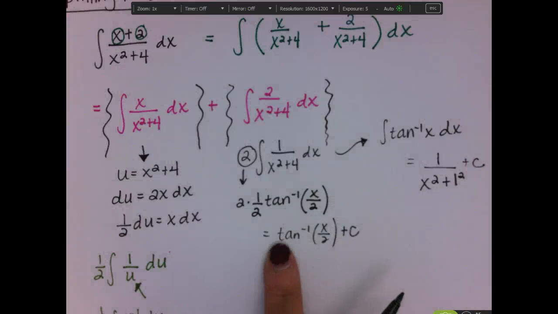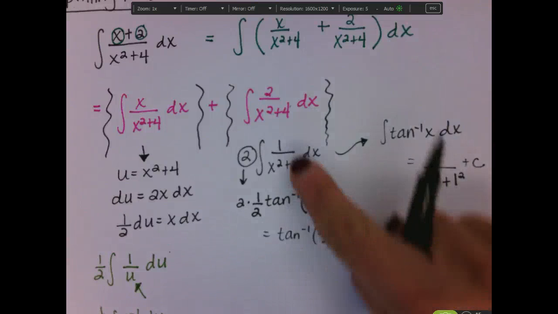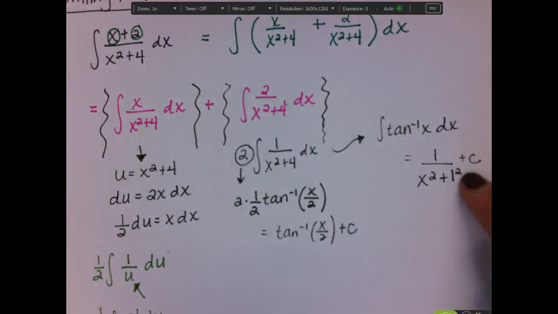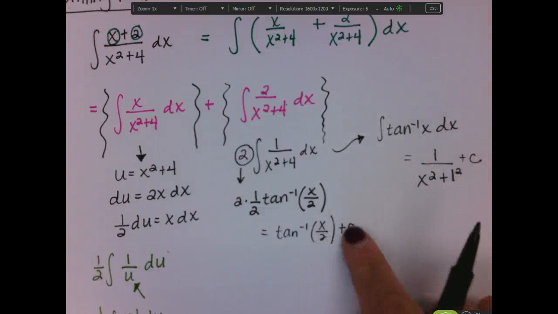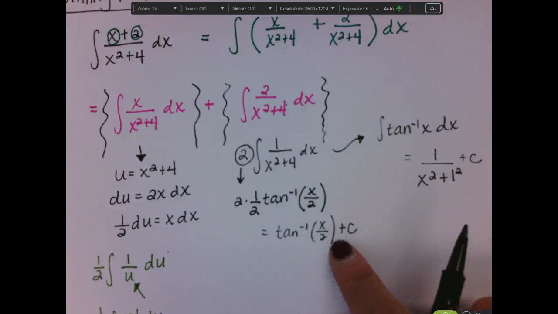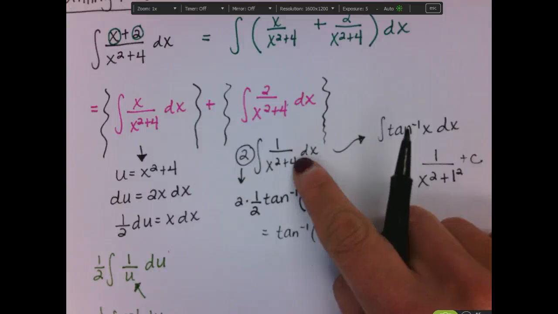So if you're not totally convinced that this is the result of integrating this expression, then you might want to go to your formula sheet and try to take the derivative of this and verify that it does in fact give you this expression. So we can check our work.